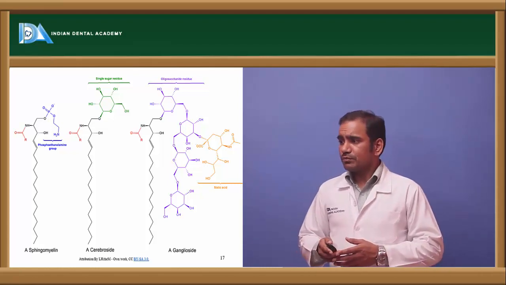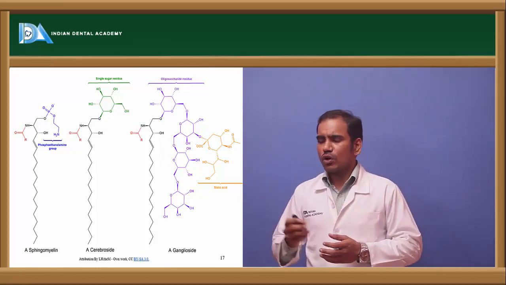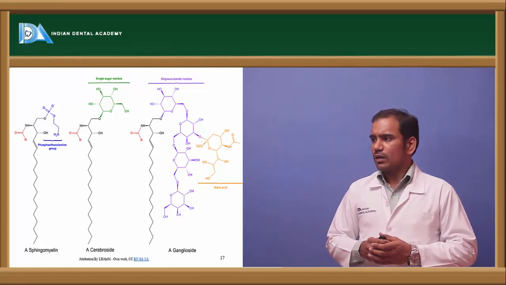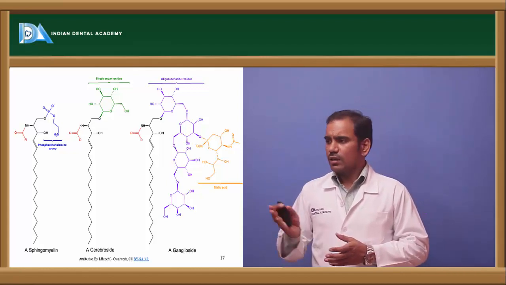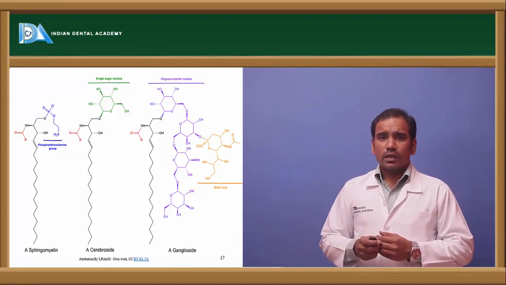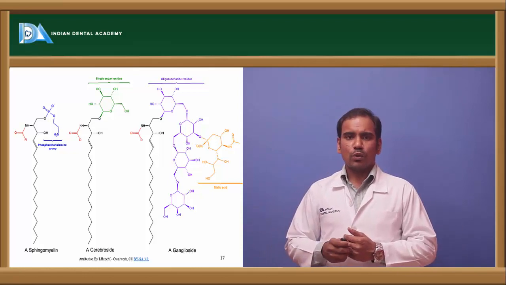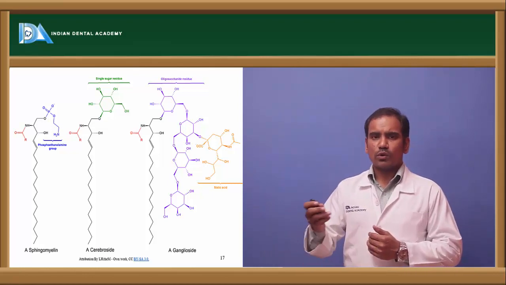And coming to globosides, they are somewhat more complicated types of glycolipids. These globosides have cerebroside plus two or more monosaccharides.